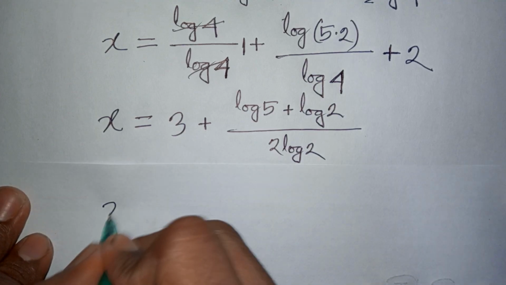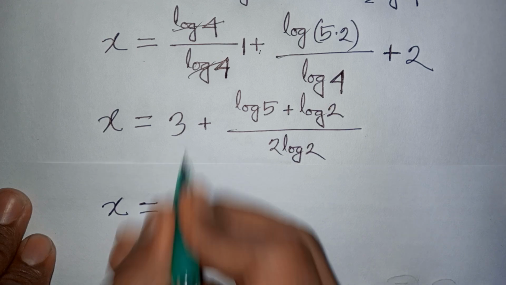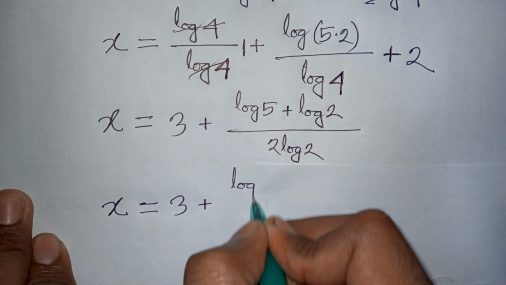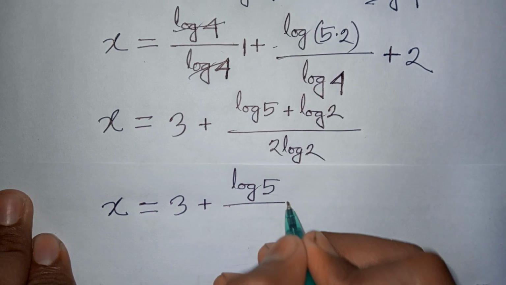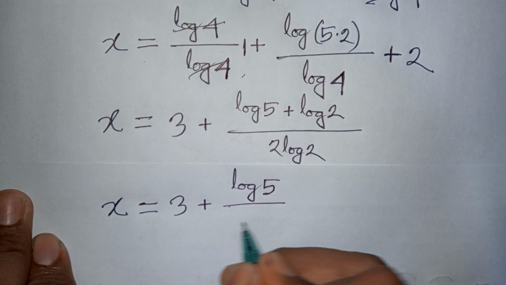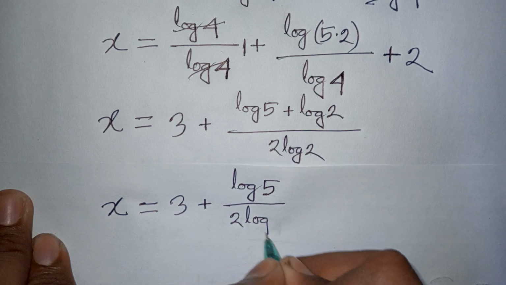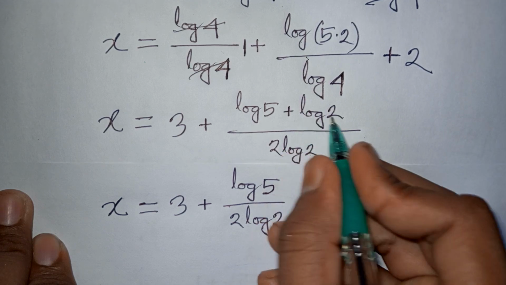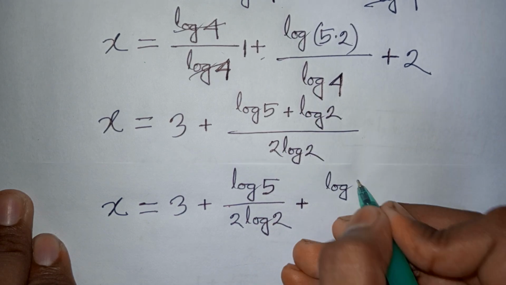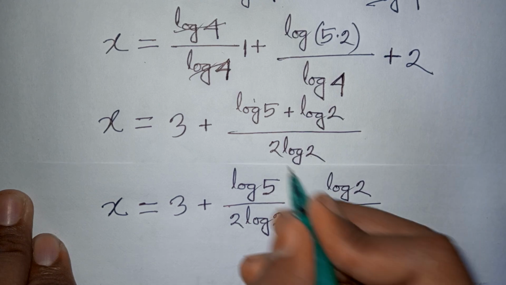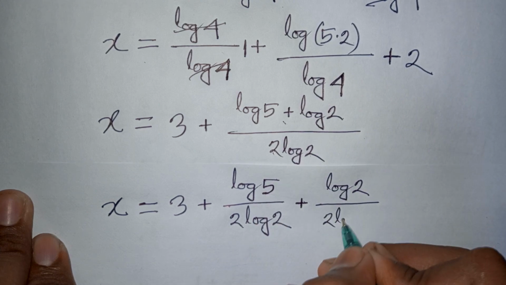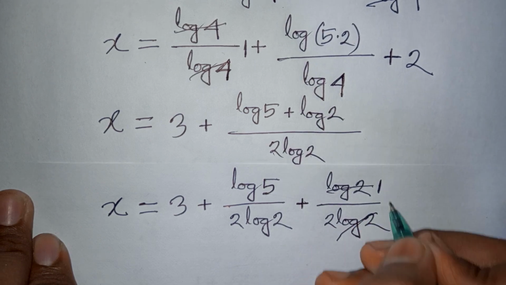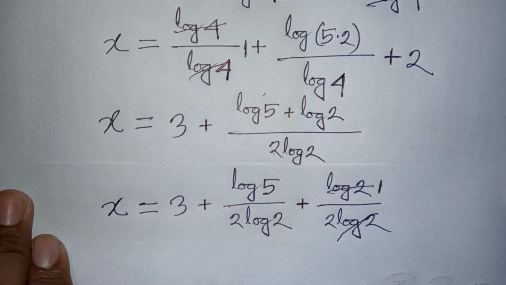In the next step, x is equal to 3 plus log 5 over 2 log 2, then plus log 2 over 2 log 2. So this log 2, this log 2 will be cancelled here.